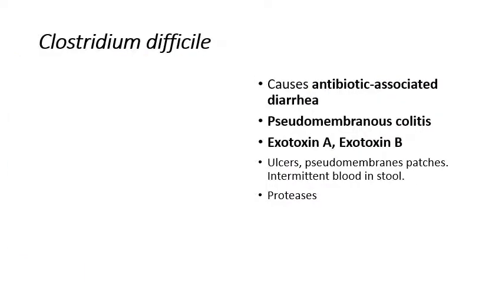All right, Clostridium difficile is the cause of antibiotic-associated diarrhea. So you take a course of antibiotics either in or out of the hospital, and then suddenly you get diarrhea. What happens is that Clostridium difficile produces exoenzymes and exotoxins that damage the intestine and cause ulcers in the intestine, and those ulcers will kind of seal over with a kind of pus that's basically a scab.